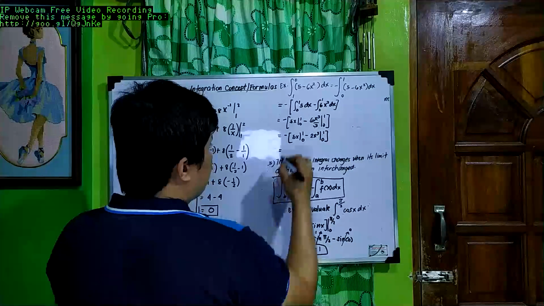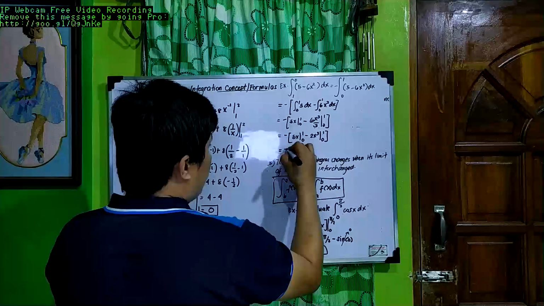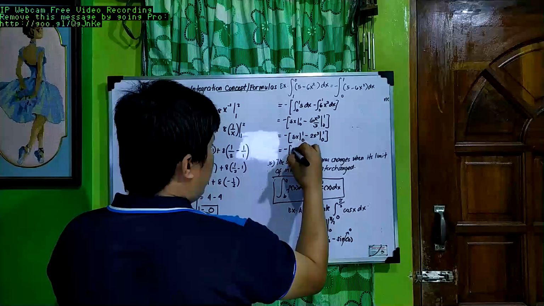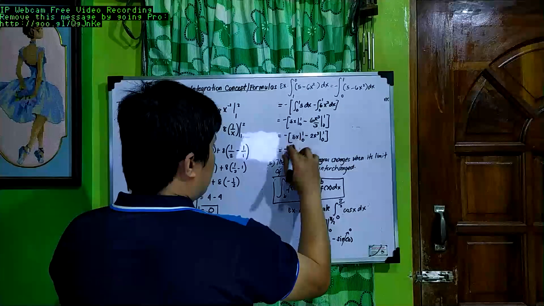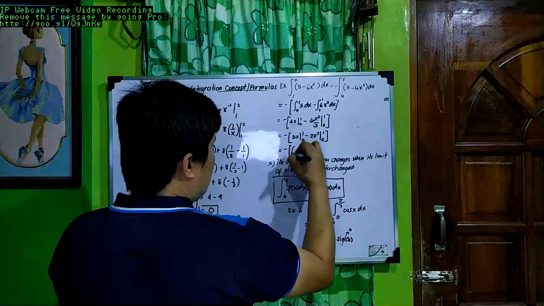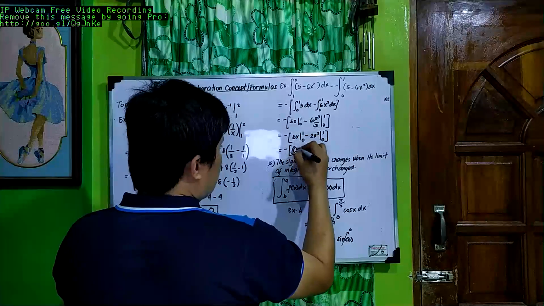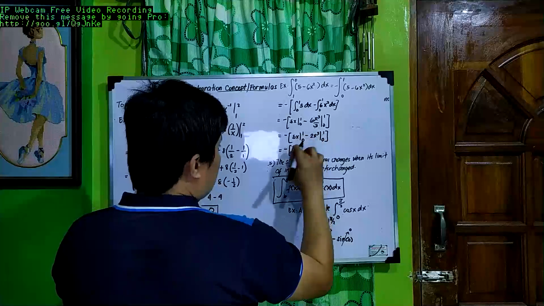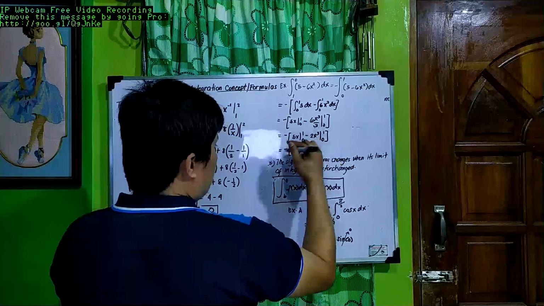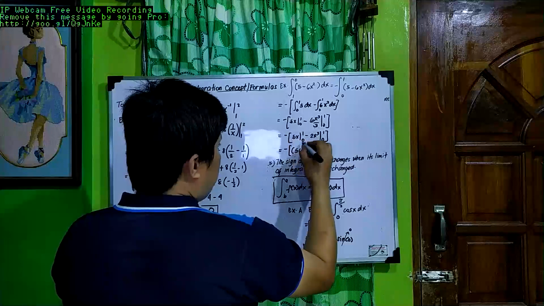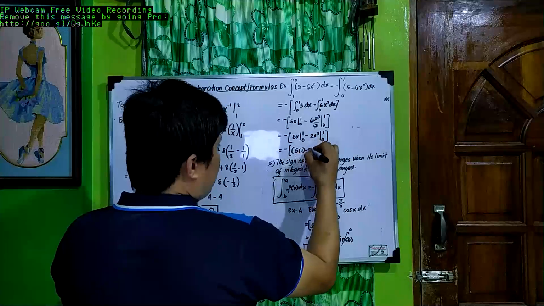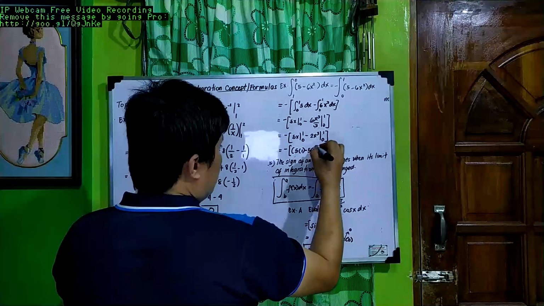So we will have to substitute it. Negative, 5 times 1 minus 5 times 0.